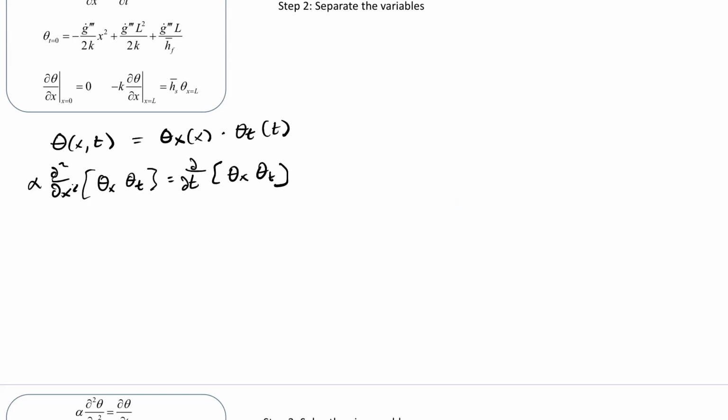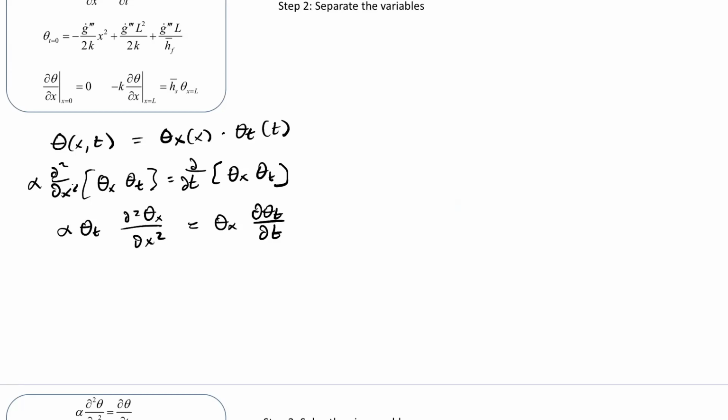On the left-hand side, we can pull out theta t. On the right-hand side, we can pull out theta x, and so we're left with alpha times theta t, second derivative of theta x with respect to x, is equal to theta x times the first derivative of theta t with respect to time.